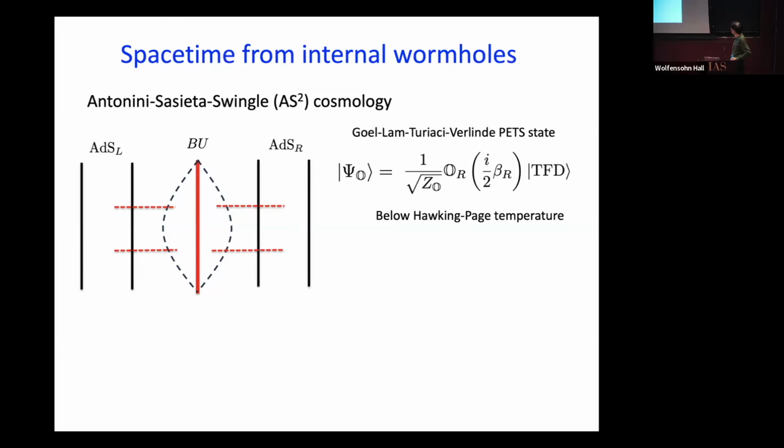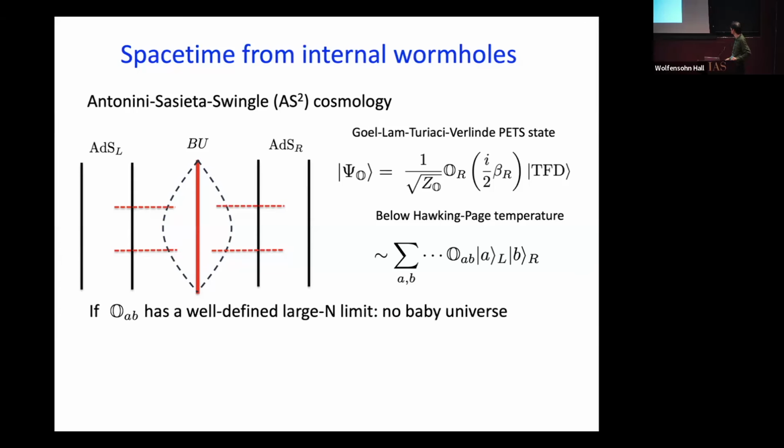Okay. And below the Hawking-Page temperature, you can roughly write this state in terms of the matrix element of this O in states, say, of energy of order 1. Okay, so A and B, again remember the notation, are states of energy order 1, corresponding to states in, say, empty AdS. Okay.